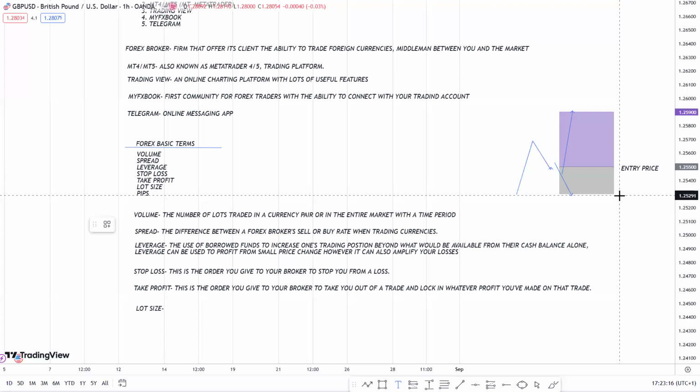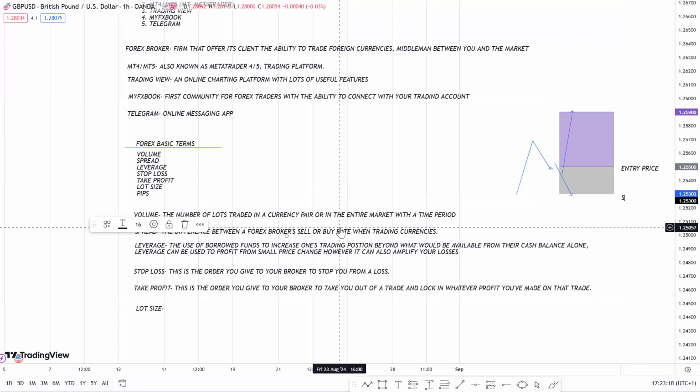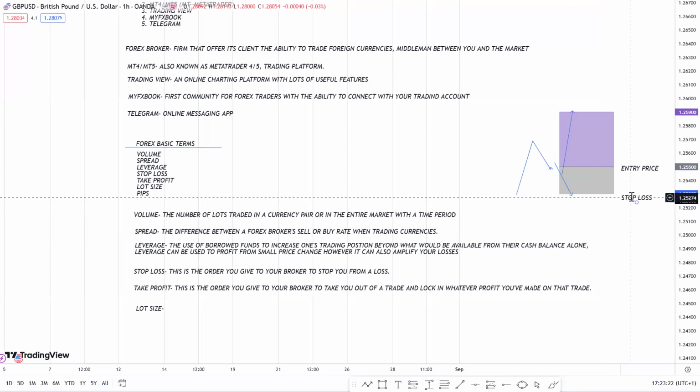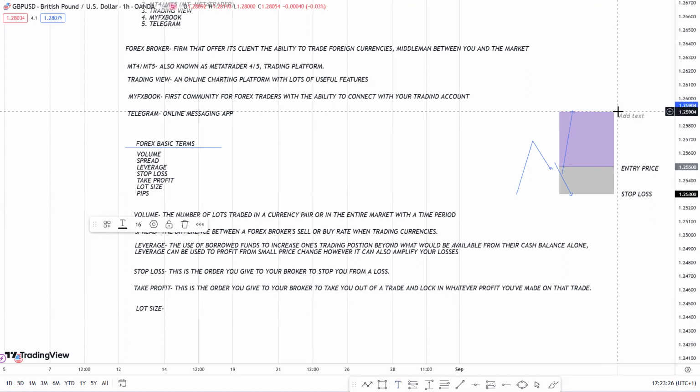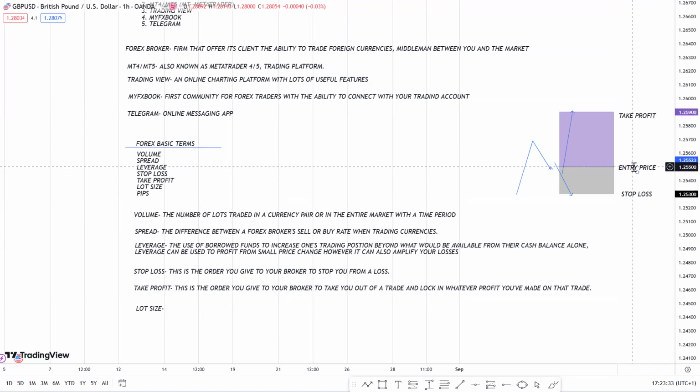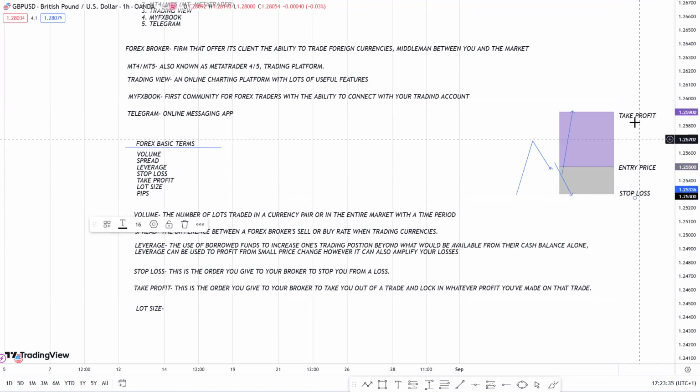Here's your stop loss, where the market will take you out if your trade is wrong. And here's your take profit. Here's your entry, here's your stop loss, and here's your take profit.